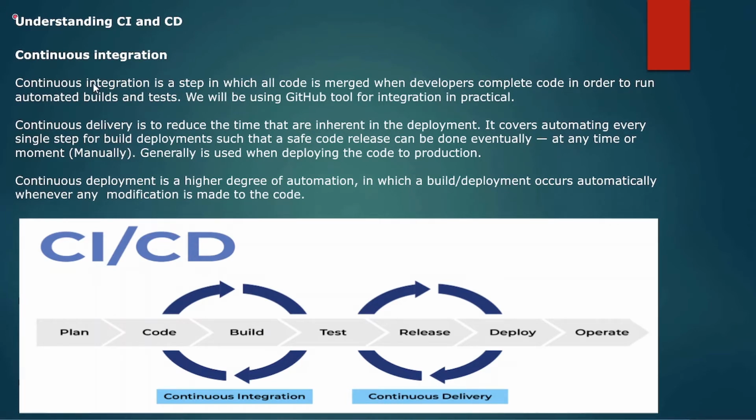As I said earlier, whenever more than one person starts working on the same file, then to avoid any kind of conflicts, we use the SCM, that is GitHub. There are many tools available in the market for the integration of the code, and GitHub is the leader in this.